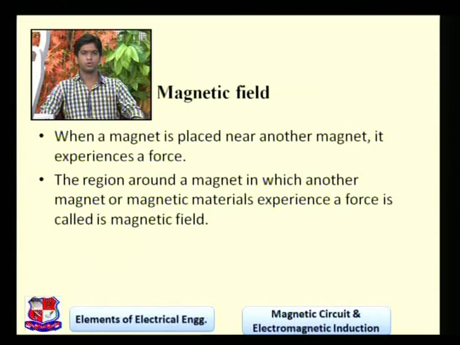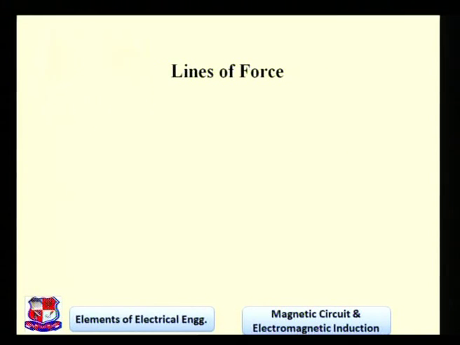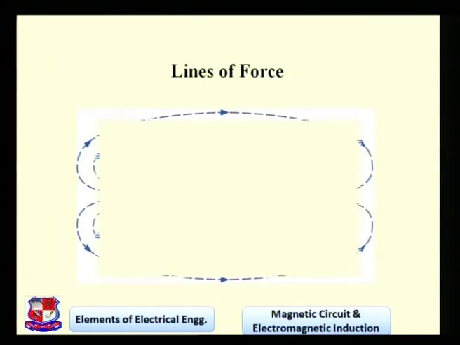The region around a magnet in which another magnet or magnetic materials experience a force is called a magnetic field. So same like the electrical field, a magnet has its magnetic field, in which it has some magnetic field lines like electrical field lines. Now what is lines of force?